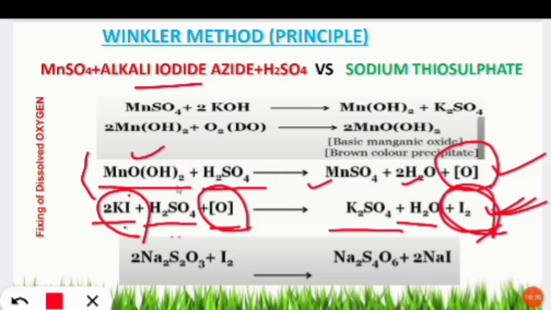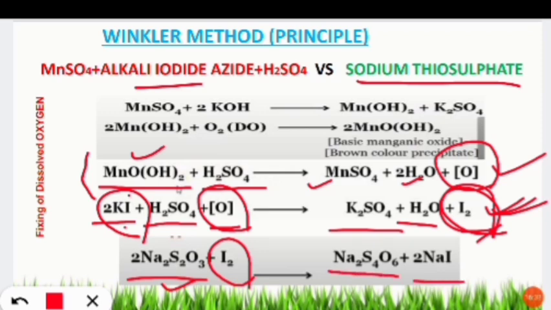So the next step is thiosulfate. We have to titrate with sodium thiosulfate, since iodine is liberated. If this iodine is reacted with sodium thiosulfate in the titration method, it will give Na2S4O6 and 2NaI.